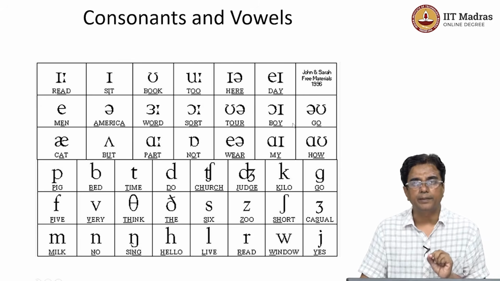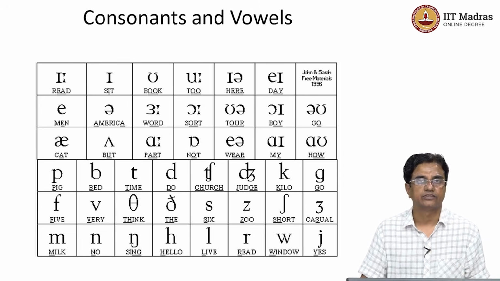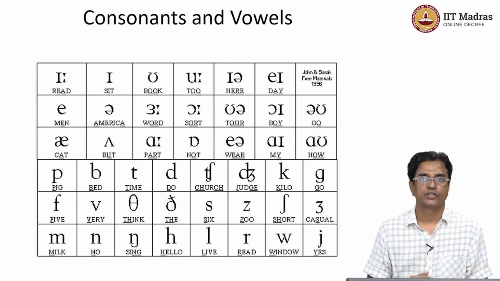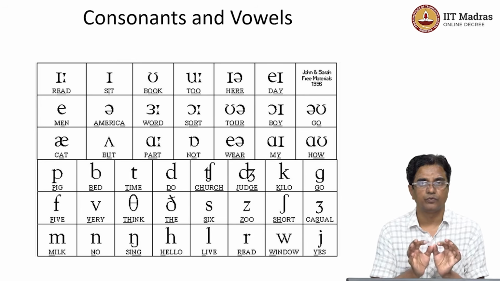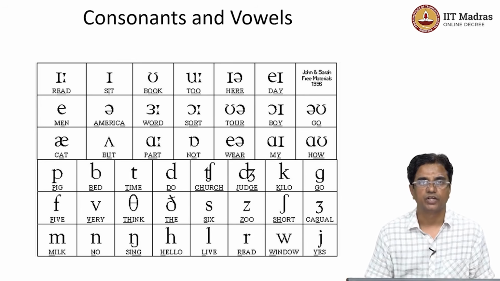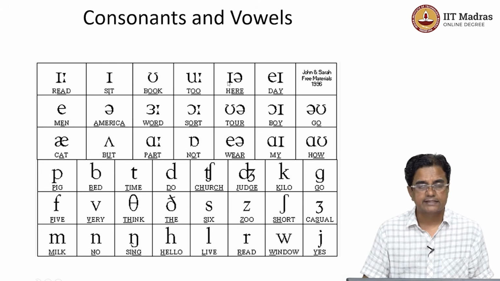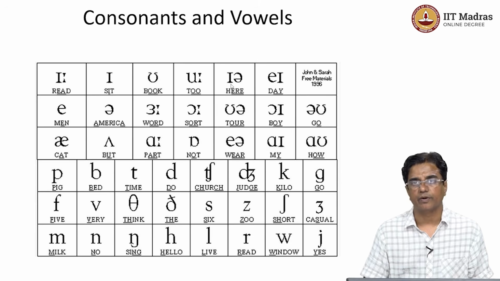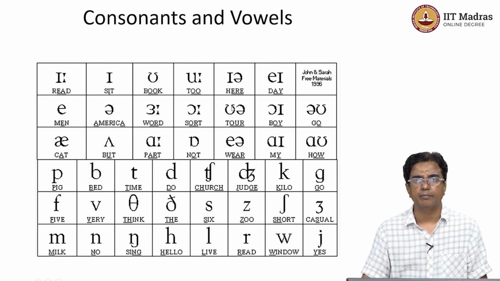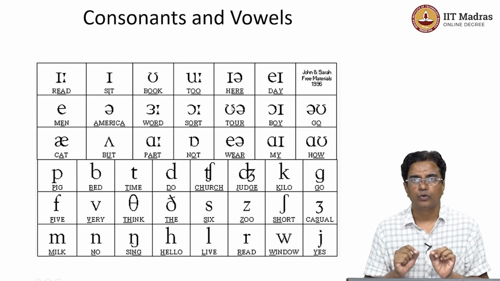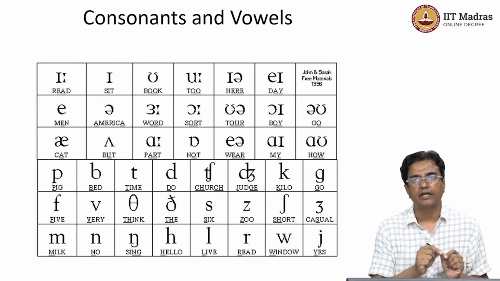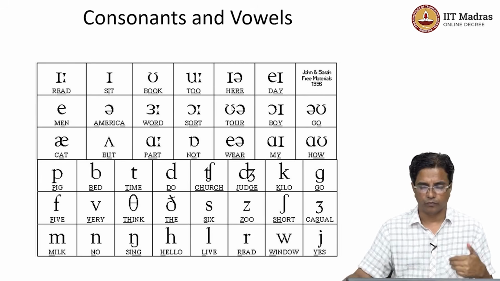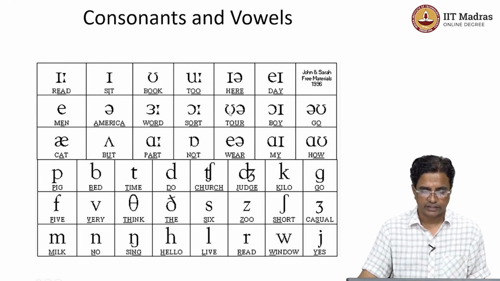These are diphthong sounds in English, which are called diphthong vowels. If you go by classification, you can see that some are monophthong vowels and some are diphthong vowels. Diphthong vowels simply mean a sound which starts with one vowel but ends with another. We will look at the details of that.